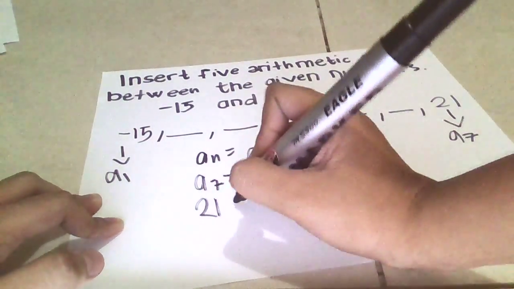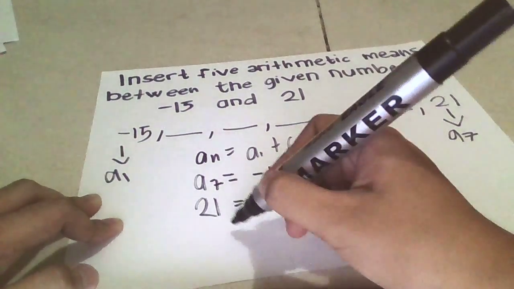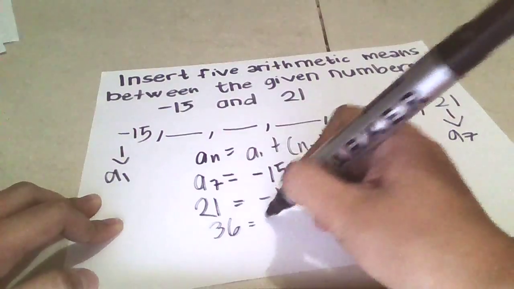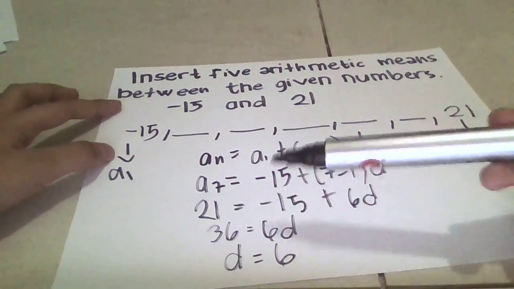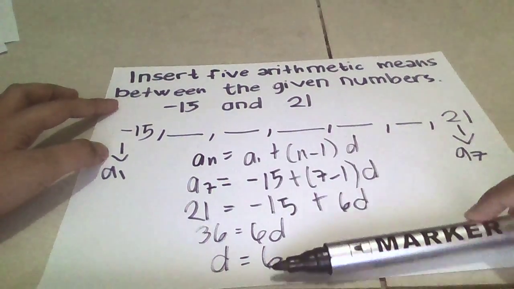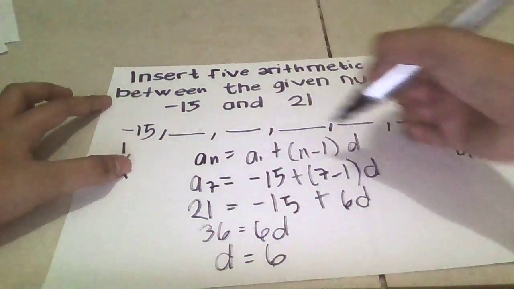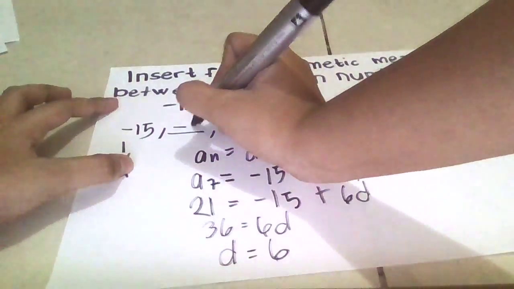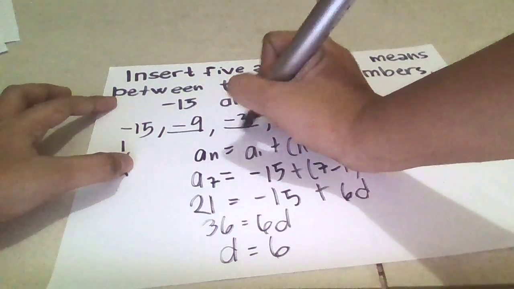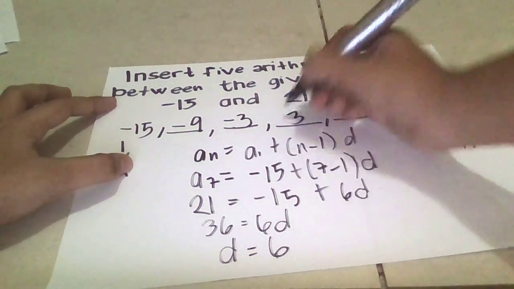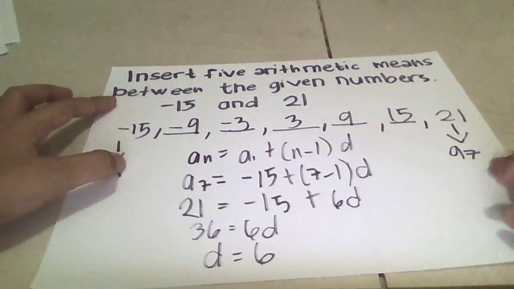So 21 is equal to negative 15 plus 6d. So 36 is equal to 6d and your d is equal to 6. You can substitute this in the general formula, or you can just add it to the preceding term. Negative 15 plus 6 is equal to negative 9, negative 9 plus 6 is negative 3, negative 3 plus 6 is 3, 3 plus 6 is 9, 9 plus 6 is 15. Yeah, done.